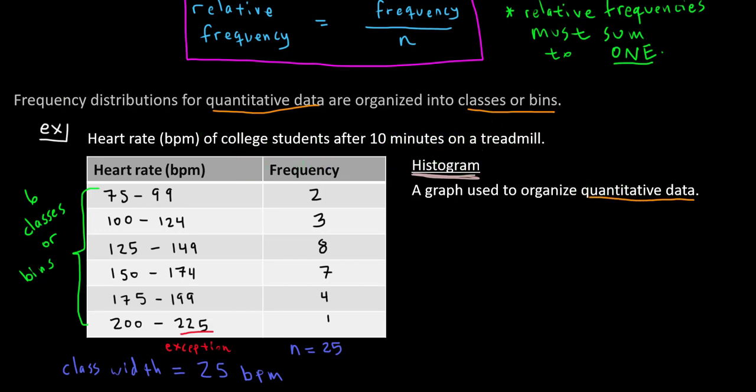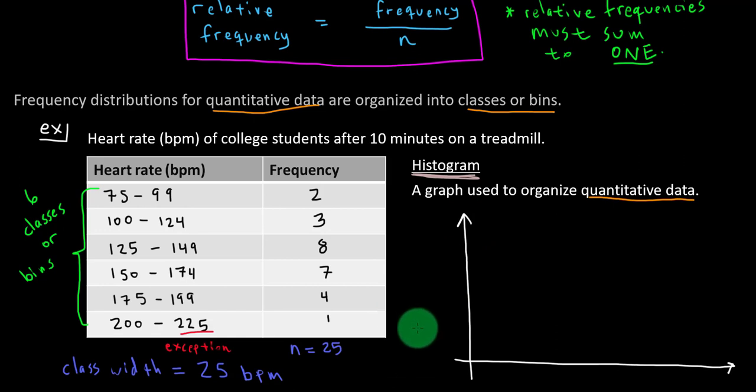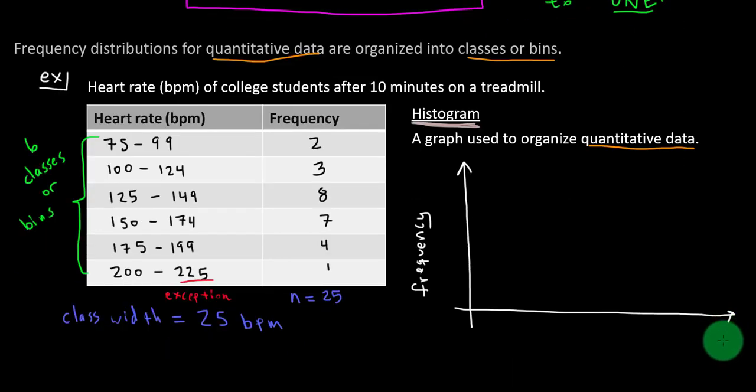We're going to lay down a set of axes, just like before. That's a little better. And just like before, I'm going to label my axes as frequency on the vertical, and then my variable down here, which was our heart rate.